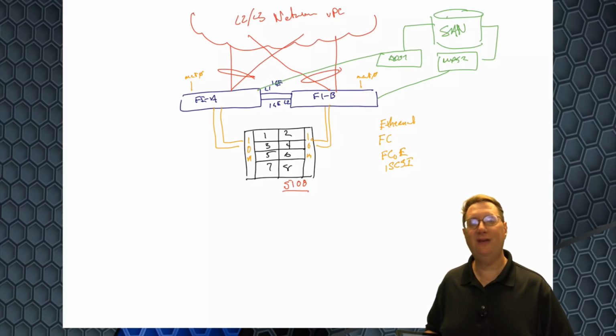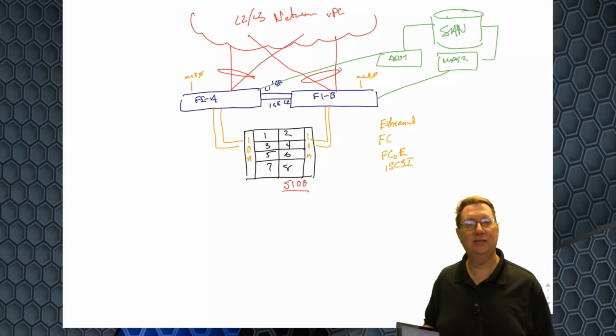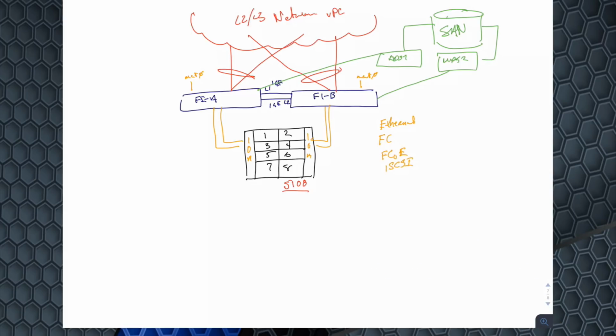Well, Cisco made the very, very intelligent decision to mitigate that where and when possible when configuring and installing fabric interconnects. So what ends up happening is that these two fabric interconnects are actually going to operate as part of a cluster. Each one will have its own management IP address.